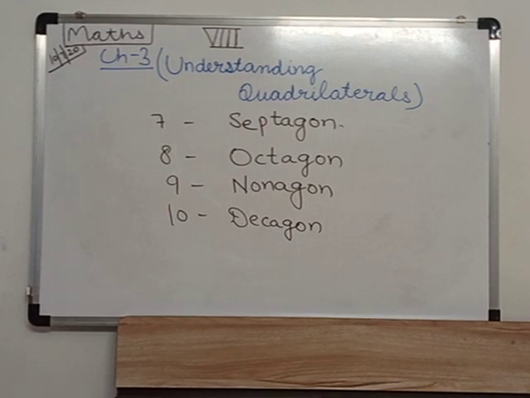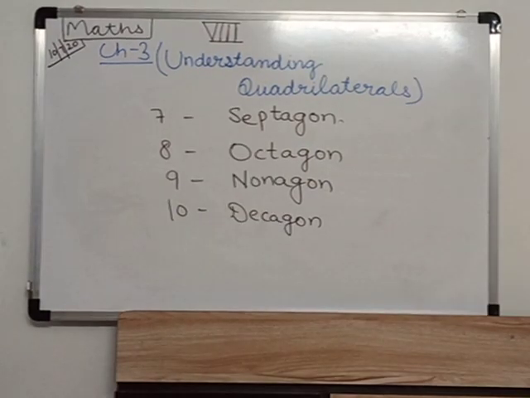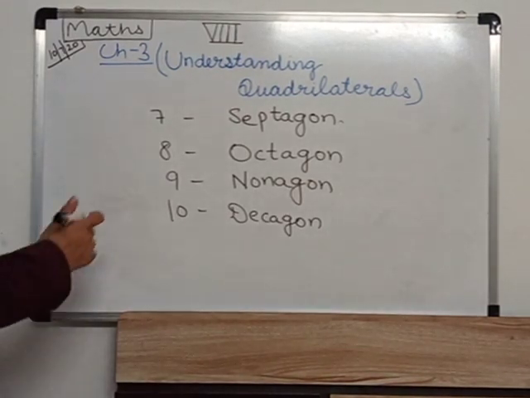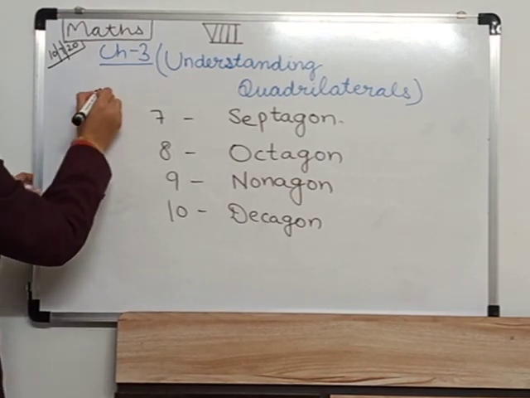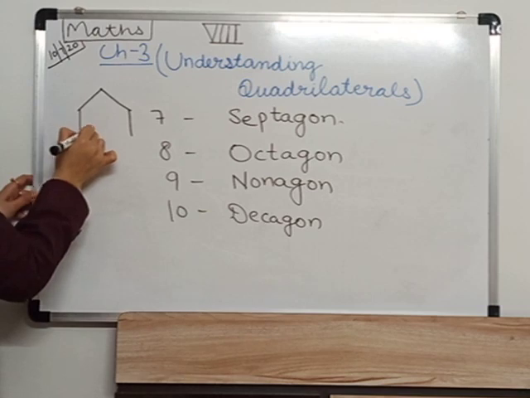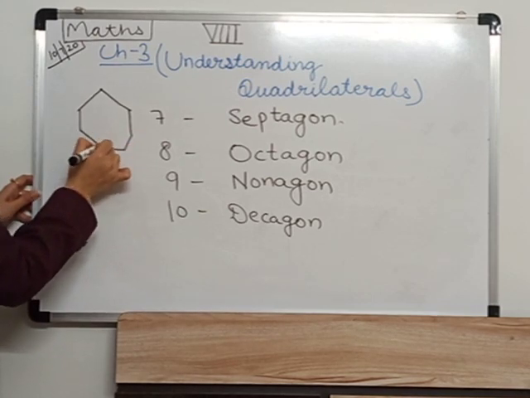Now we can draw polygons having 7 sides. The shape of a septagon, in which there are 7 sides, is 1, 2, 3, 4, 5, 6 and 7.